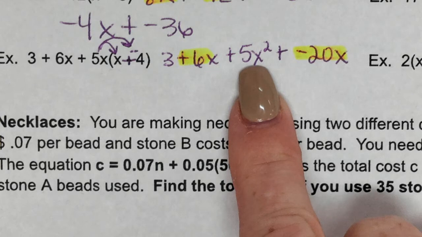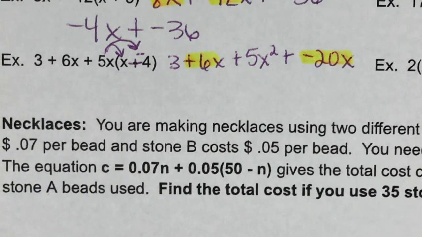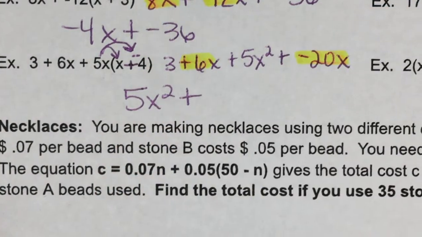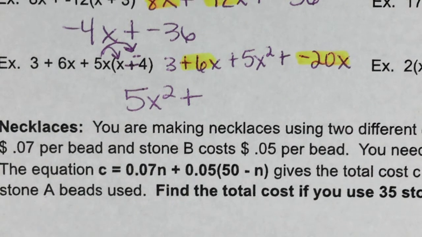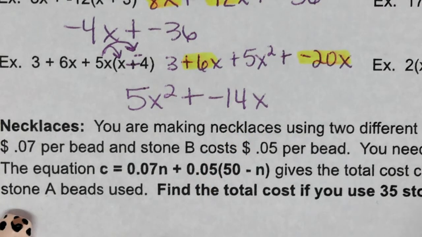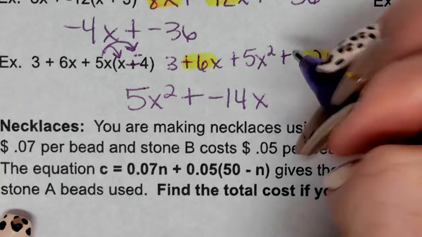The proper way to write an expression is to put the biggest exponents first, but again, it does not matter. I would put 5x squared plus, what is 6x plus negative 20x? Negative 14x. Okay. Am I forgetting anything? Plus 3.